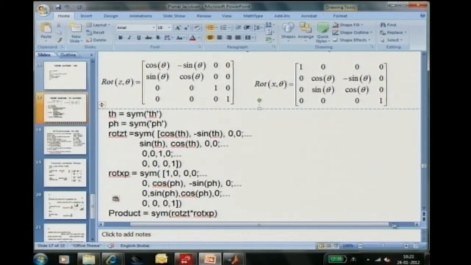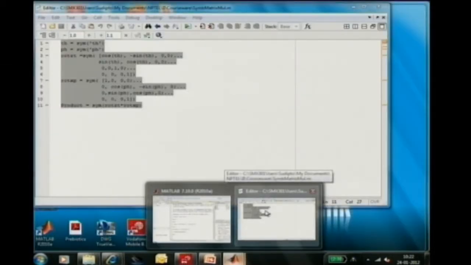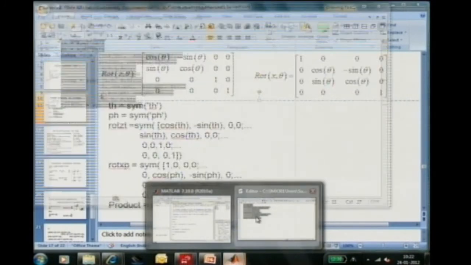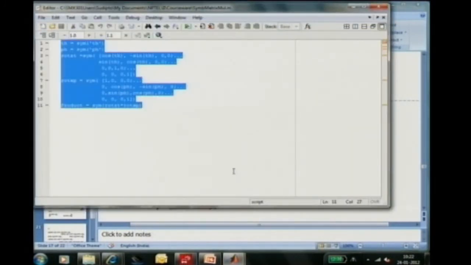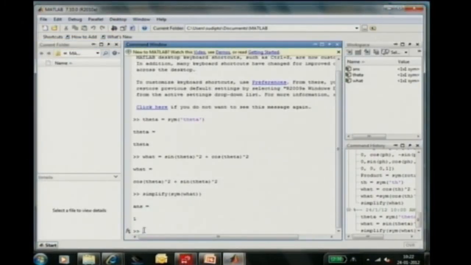Now for the product, I simply need to multiply it like a regular matrix and ask for the symbolic form of that. Then we'll do some simplifications. So let's copy this and now put it into the command window.